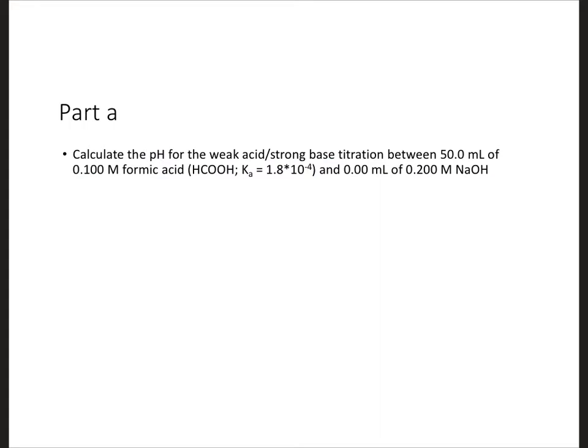Part A, I just redacted the question, is 0.00 milliliters of our sodium hydroxide. That means with no sodium hydroxide present, only the acid is going to matter. So we can think about this very conceptually. We have some beaker with our acidic solution in it.